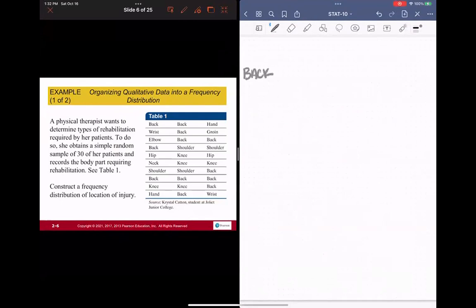And let's see how many backs we have. We have 1, 2, 3, 4, 5, 6, 7, 8, 9, 10, 11, and 12. So we have 12 backs.